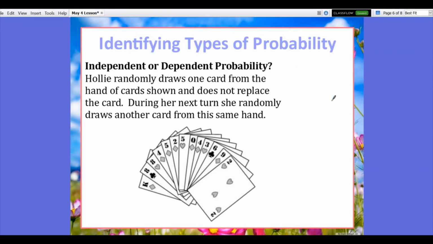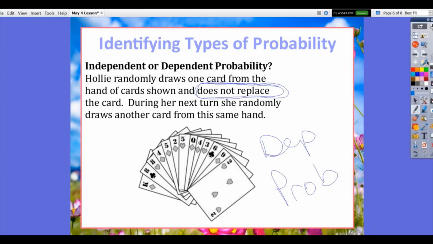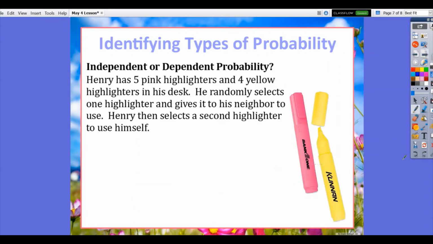Holly randomly draws 1 card from the hand of cards shown and does not replace it, does not put it back. So during her next turn, she randomly draws another card. So when she randomly draws that second card, is it the same as when she first started the whole thing? No, it's not. So that means it's dependent probability. Again, if you replace something or put it back, it's independent. But if you do not replace it, it is dependent. You have to remember those key words.